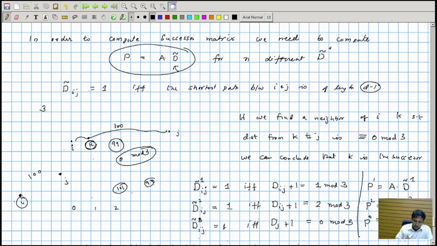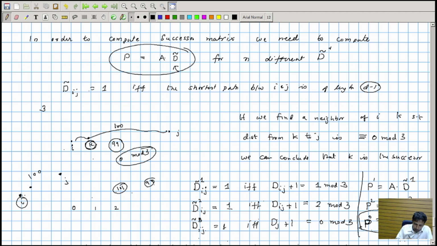Since the successor has to have distance of 99, that would mean that the distance mod 3 should be 0. So you will look at this particular multiplication, P0 is equal to A into D tilde 0, and in that you look at the witness entry. So compute the witness for this particular matrix multiplication, and that witness will in fact be the successor of I.